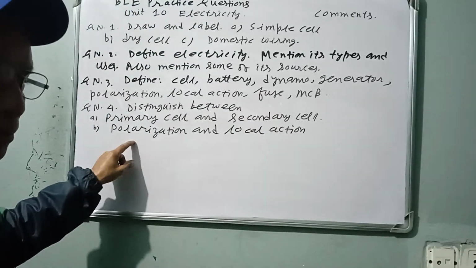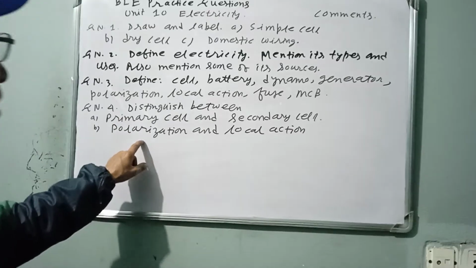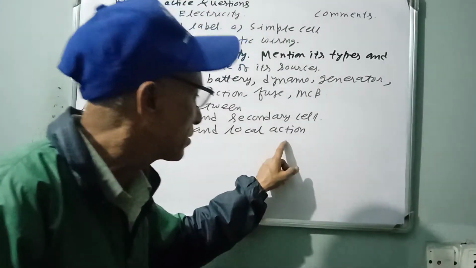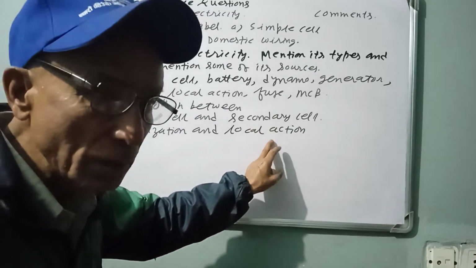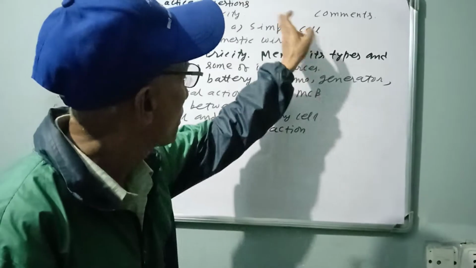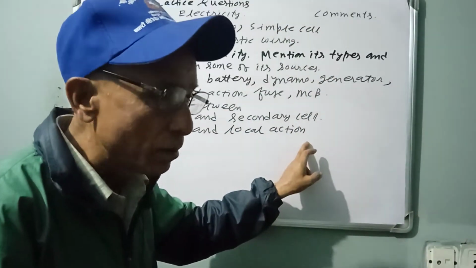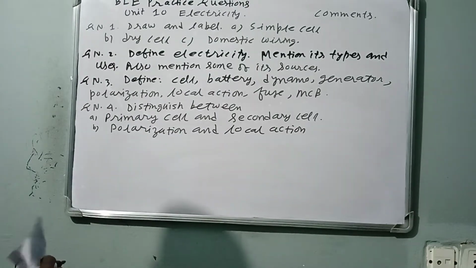Polarization can be removed by using a depolarizer like potassium dichromate or manganese dioxide. Local action can be removed by using pure zinc or by coating the zinc with the help of mercury, and this method is called amalgamating.